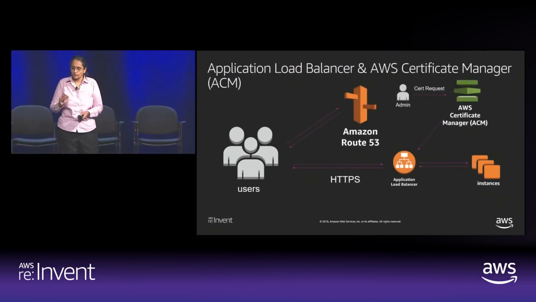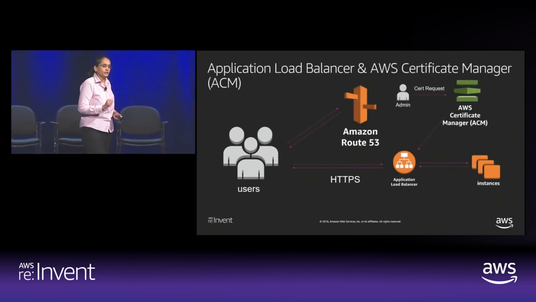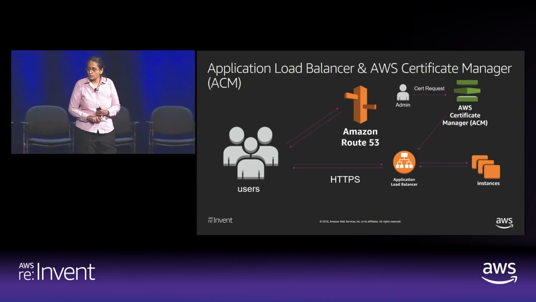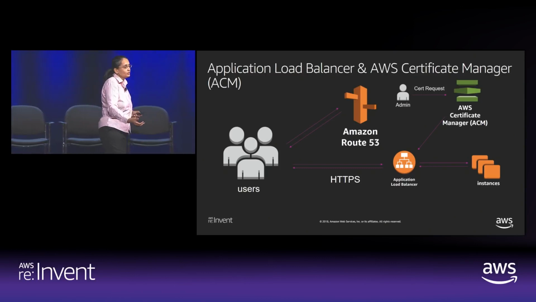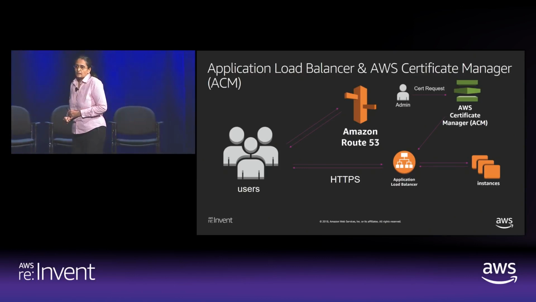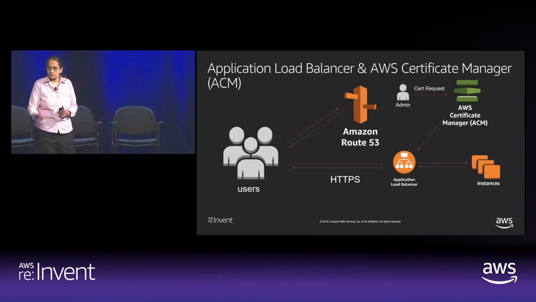One step even further, we now integrated the application load balancer into the AWS Certificate Manager, or ACM. So ACM actually acts as your cert provider. You can bring your own certs, download them into ACM, or ACM can actually give you the certs. And ACM also auto-rotates the certs for you.